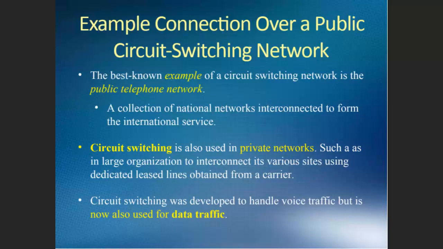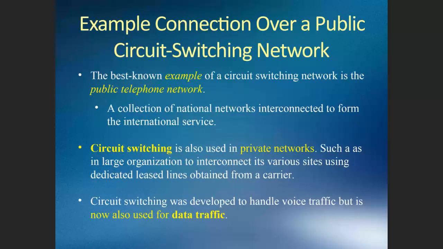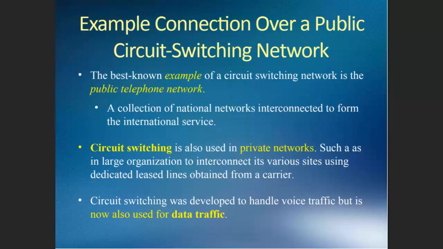These are for, a long time ago, big companies. They have big headquarters, thousands of users. Then they can have their own circuit switched private network. Circuit switching was developed to handle voice traffic, but now it is used for data traffic because circuit switching is there before the internet.